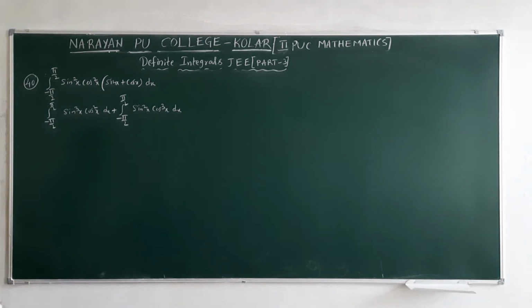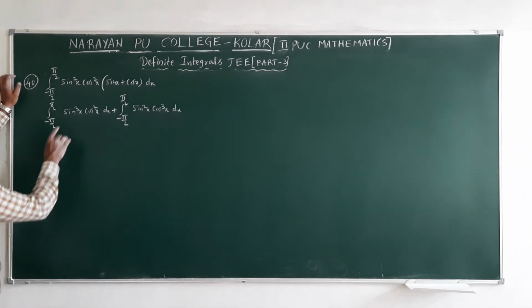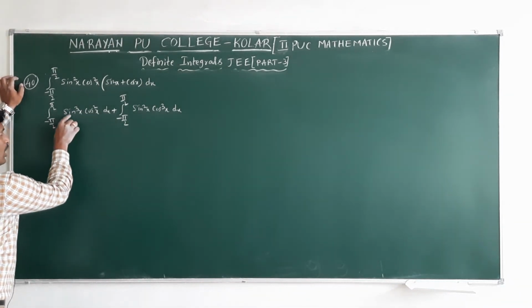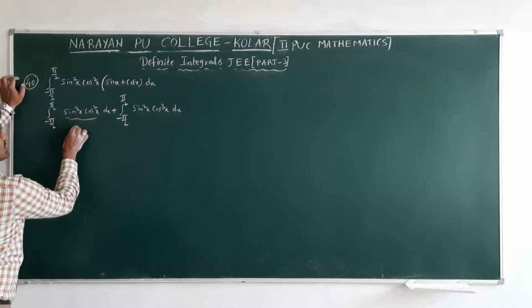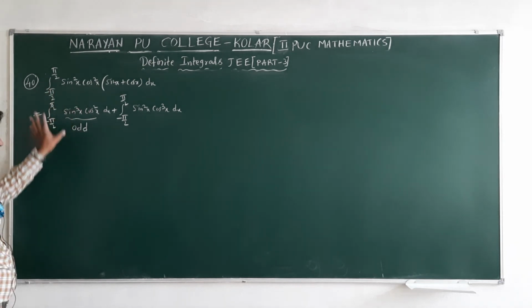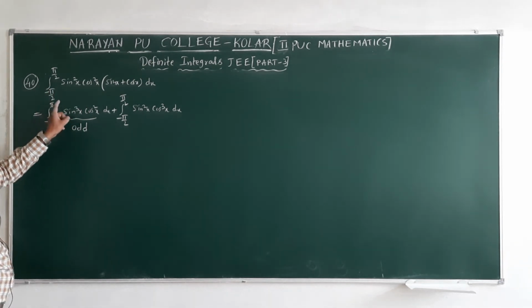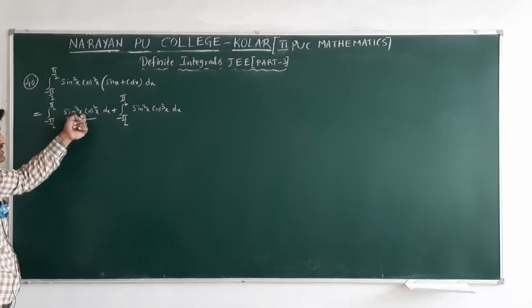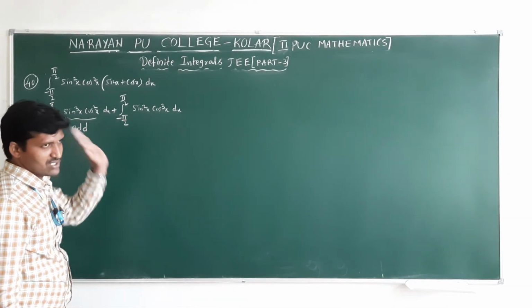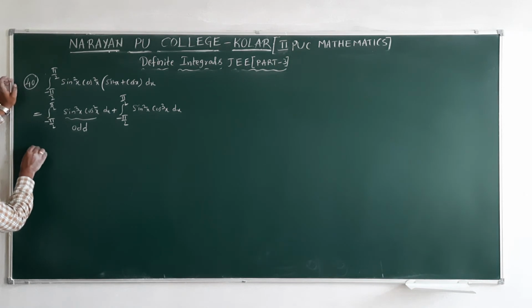Now in the first one, sin cube is clearly odd, this is even. Odd into even is clearly an odd function. That's why this value is directly 0 according to the property of integral minus a to a f of x dx: when f is an odd function, the integral value is 0. But the second one is not an odd function, it is an even function. Okay, we need to integrate that.